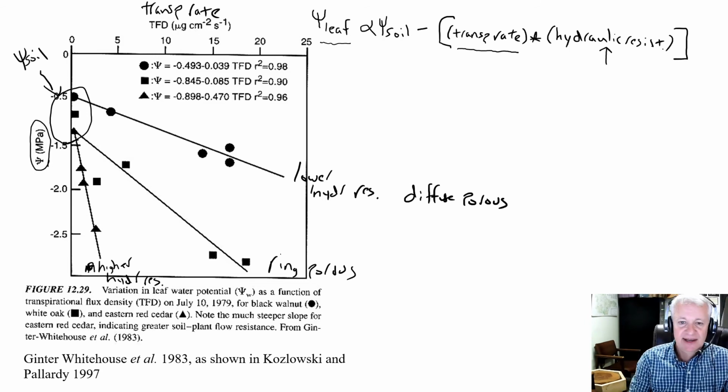At any rate, I really love this graph because it ties all of the terms in that equation together, and we can see how they all interact to influence the development of water potential gradients in species with different hydraulic resistances.